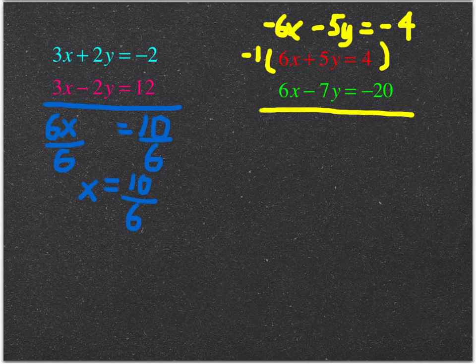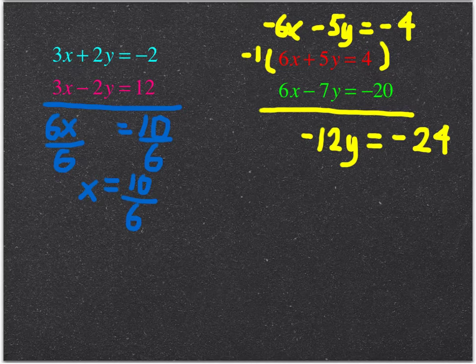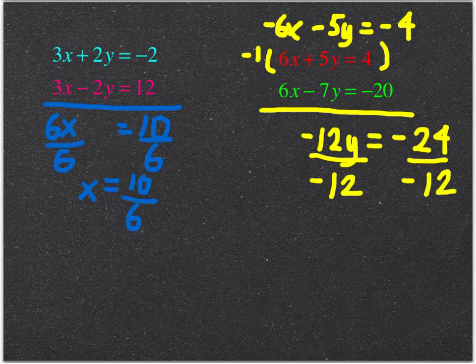And the advantage of that, of course, is now when I add up columns, -6x plus 6x is 0, -5y and -7y is -12y, and -4 and -20 is -24. This one works out a little bit nicer, and I get y equaling 2.